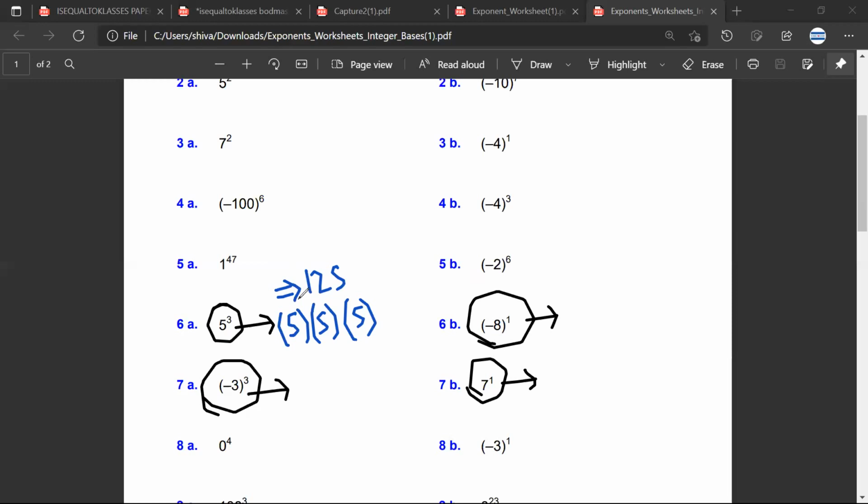No, sir. How did you get 45? So I don't know. Okay. 6th B, what would be the answer? So it will be negative. Negative 8. Shabash. 7th A.